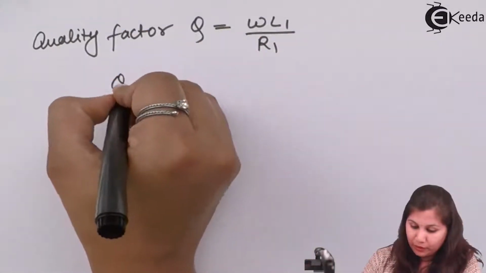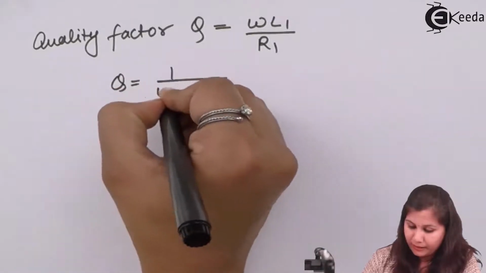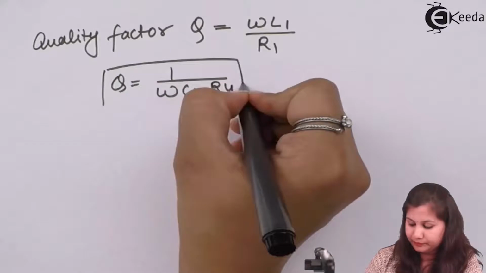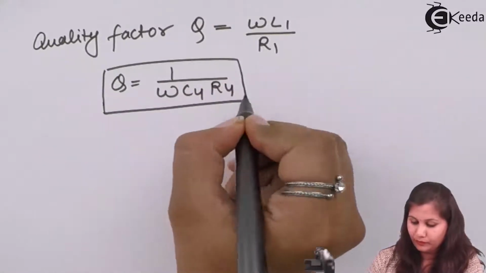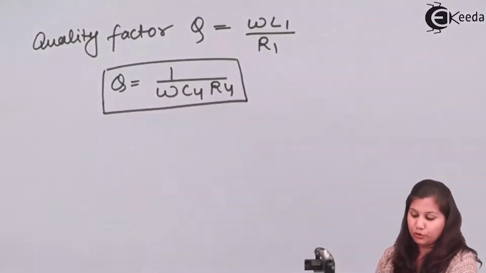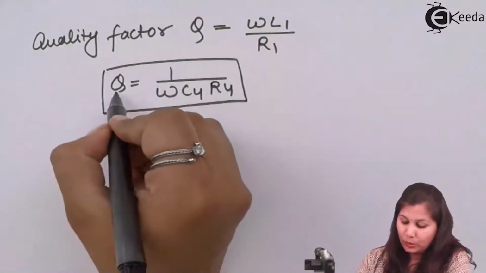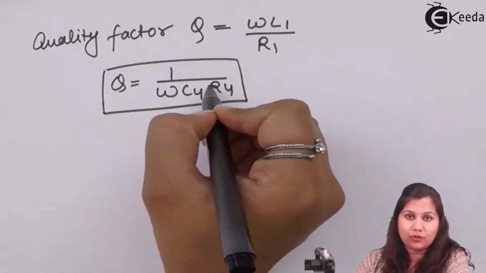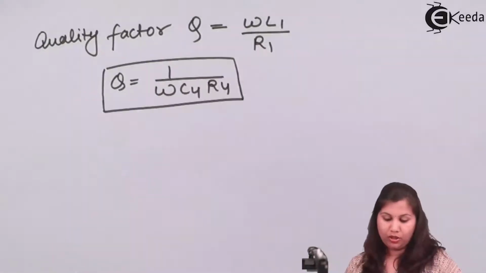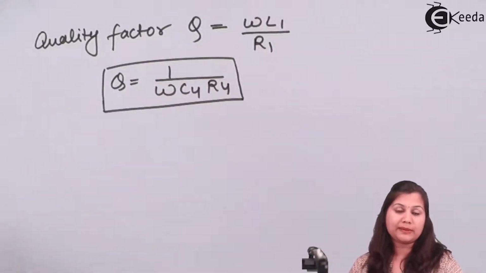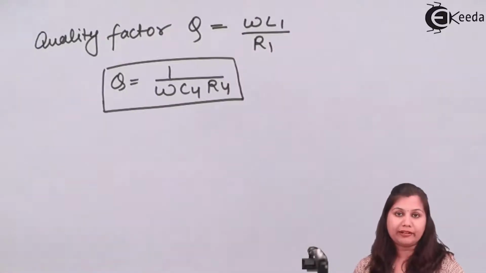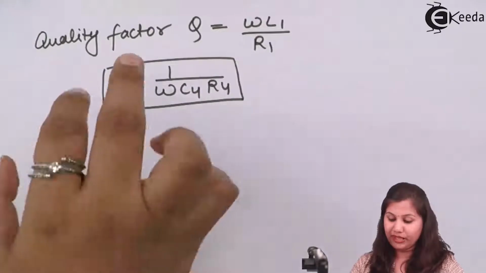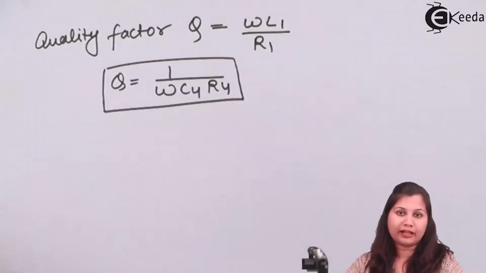So Q will come out to be 1 upon omega C4 R4. Here you can see that this quality factor is in terms of the resistance and the capacitance only. So through this Hay bridge, we have measured the self-inductance, we have measured the resistance R1, and also the quality factor.